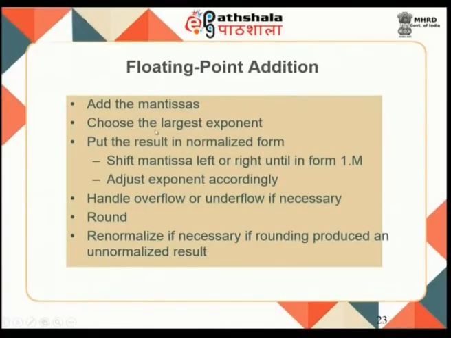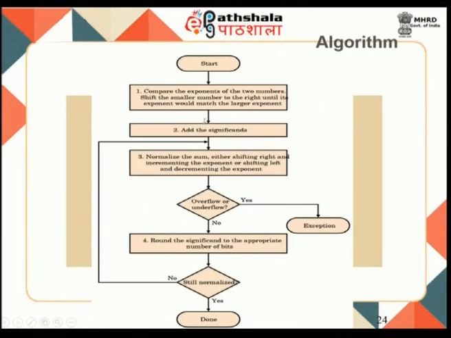So, as in decimal floating point addition, equalize the exponents by shifting, add the mantissas, then tentatively fix the exponent of the result, and then do your normalization and rounding operations. Now, this is the algorithm that I discussed earlier.